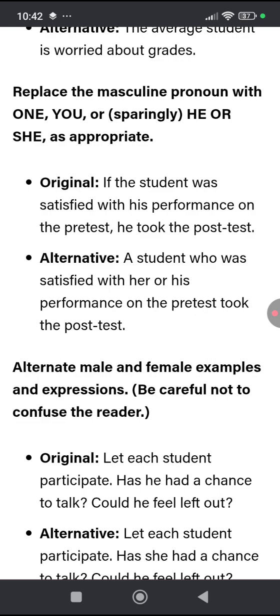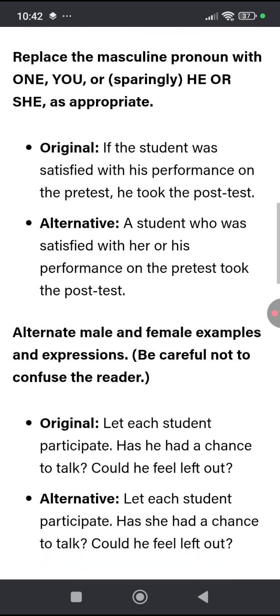So the alternative is to use one, you, or he or she. The alternative says a student who was satisfied with her or his performance on the pretest took the post-test. So instead of his and he, we're using her or his. So that includes both masculine and feminine.